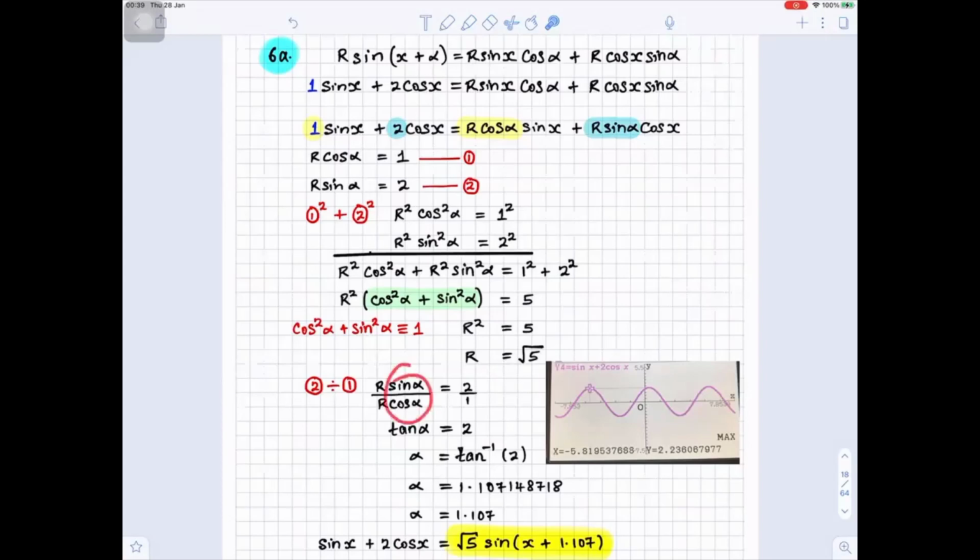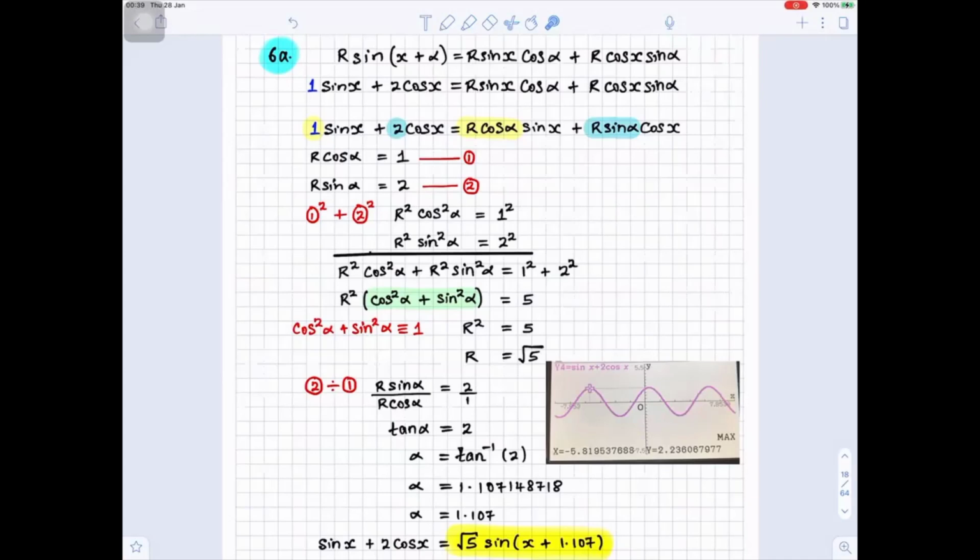It becomes tan alpha. Alpha will be inverse tangent of 2, and make sure your calculator is in radians, and you get 1.1071487, and alpha would be 1.107 when you round it to 3 decimal places. So what they're saying is sine x plus 2 cos x is root 5 sine (x plus 1.107).